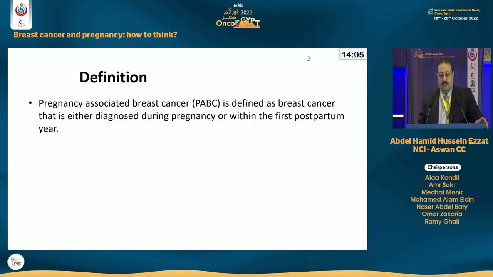First, what is the definition? Pregnancy-associated breast cancer is defined as breast cancer that is either diagnosed during pregnancy or within the first postpartum year.